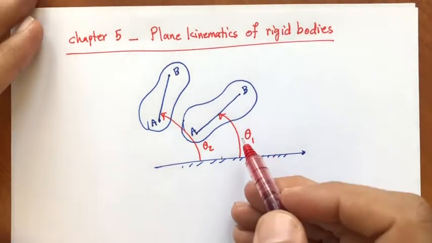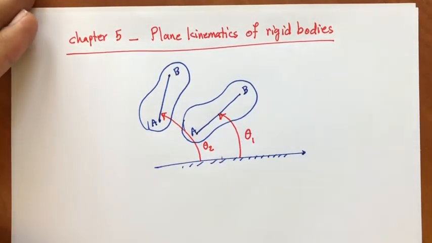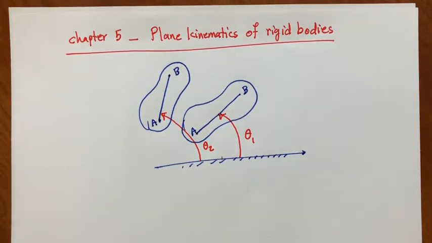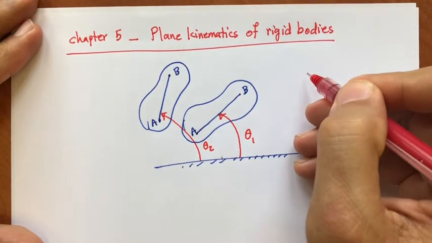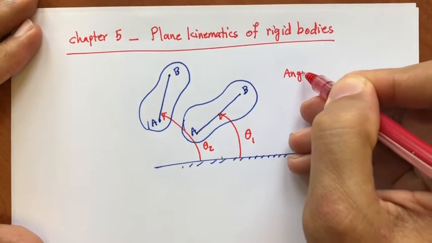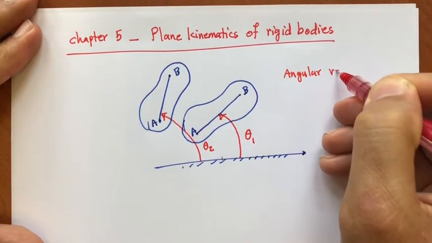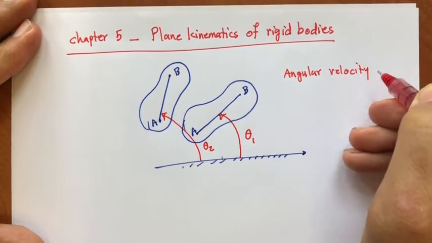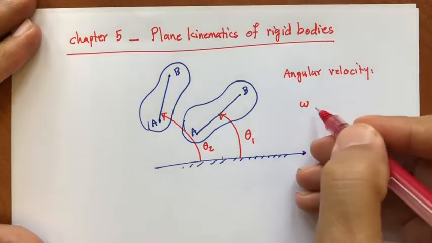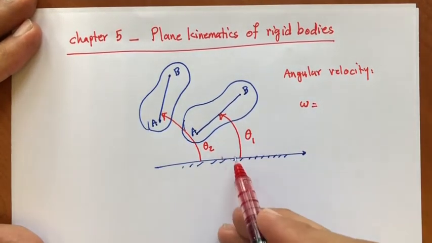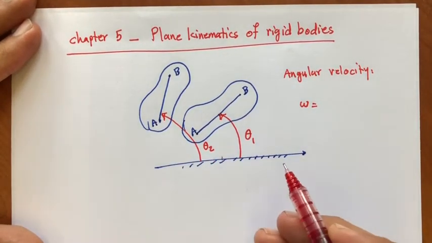Now, change in this orientation over time is going to be the angular velocity of the rigid body, which we show with omega. So angular velocity, which normally we show with omega, is equal to change in the angle divided by time.